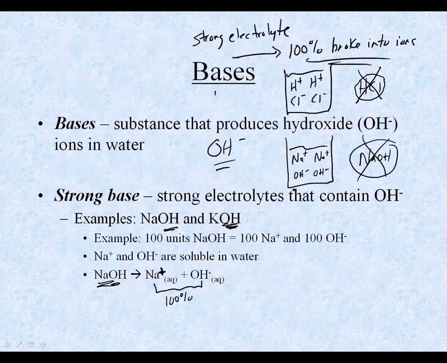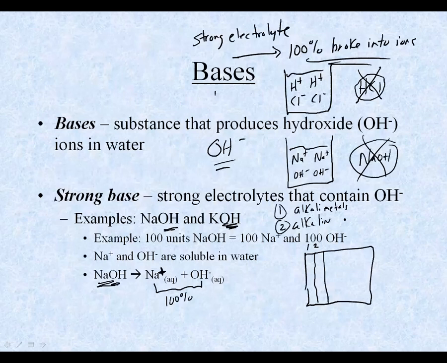And if you think about the periodic table, for example, sodium, potassium, things like calcium, they're found in group 1 and group 2 on the periodic table. And if you remember, group 1 is our alkali metals. Group 2 is our alkaline earth metals. And pretty much what the word alkaline means is basic.